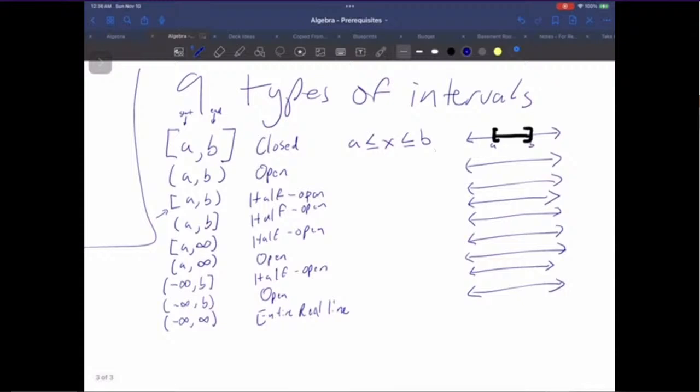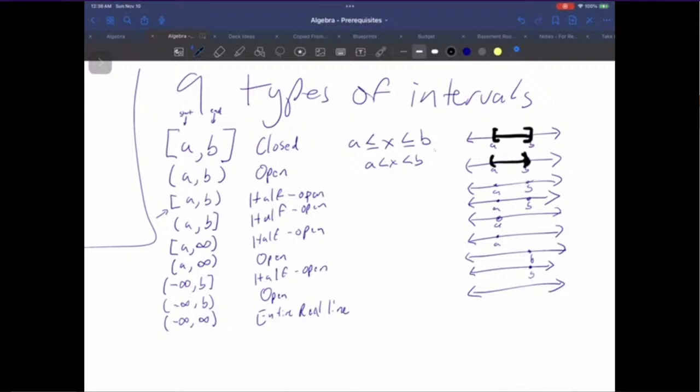Okay, so on the next one we have the truly open interval, which is a less than x less than b. You can see there's no equality here. Let's draw little a's and b's. a less than x, which is less than b.